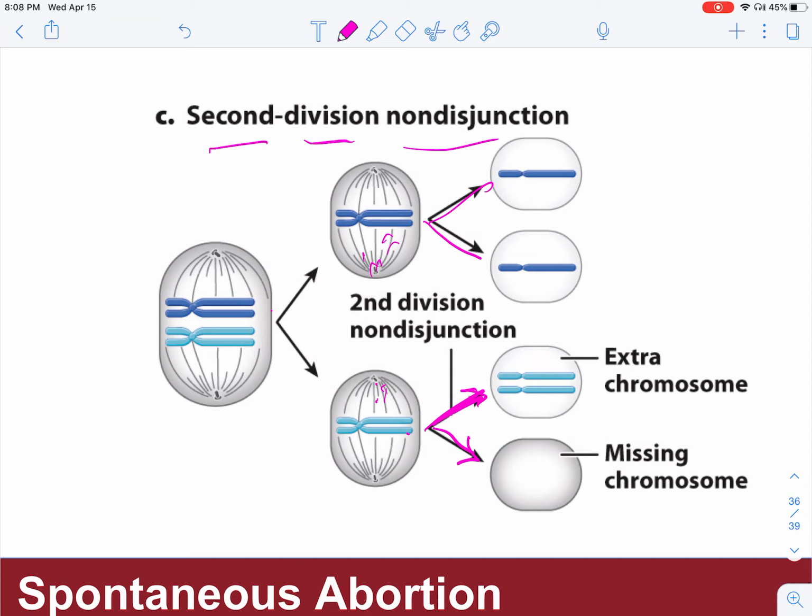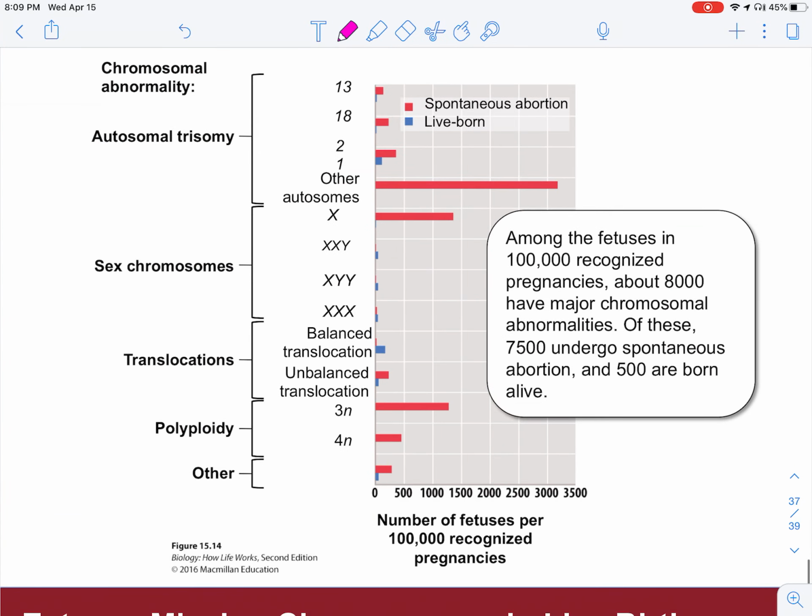So in a meiosis II non-disjunction event, you have two products that are fine, one product that has two times the chromosome for whatever chromosome you're looking at, and one that doesn't have it at all. So by looking at the products of the meioses, you can tell whether you have a meiosis I non-disjunction event or a meiosis II non-disjunction event.